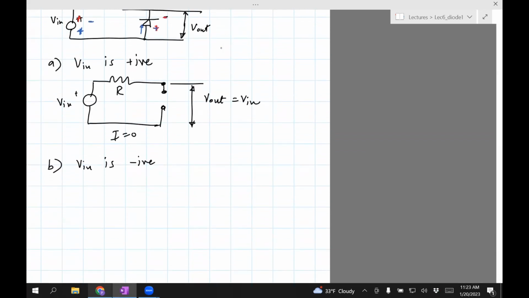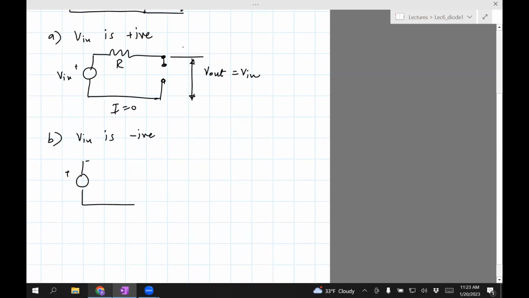So this circuit will look something like this. Okay, I've replaced the diode with a short circuit.